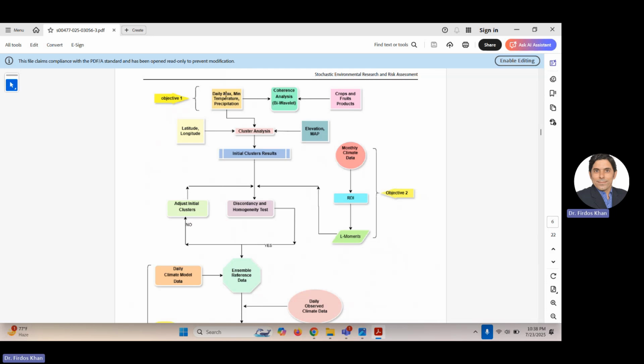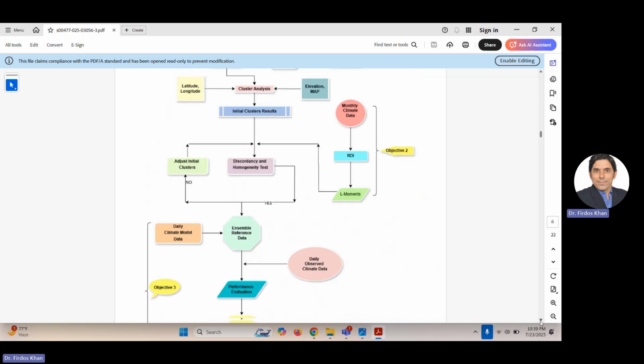You have used some data from temperature and combined these data sets to develop initial or subjective clusters, and then you need to apply the discordancy test and homogeneity test using the L moments and L moment ratios from RDI, which you can calculate from precipitation and temperature data. So that was the second objective.